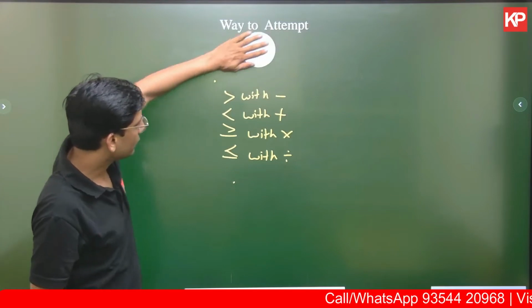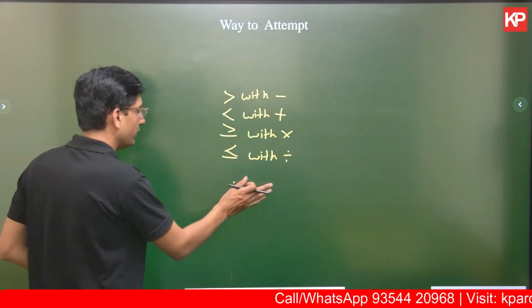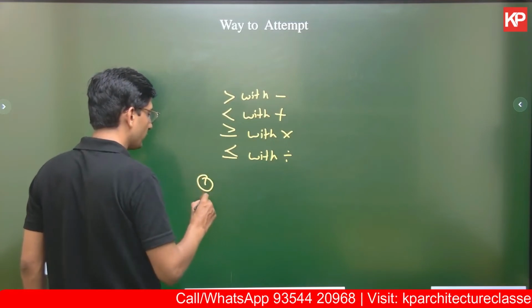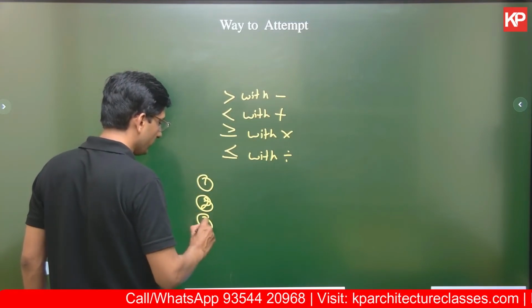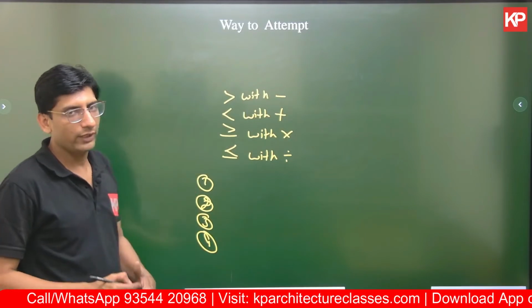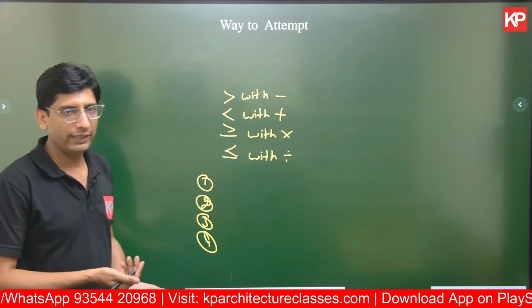Now suppose I am giving you an equation, and instead of a single equation, this time I will give you four equations and ask you to put these values in and find out which is a balanced equation.